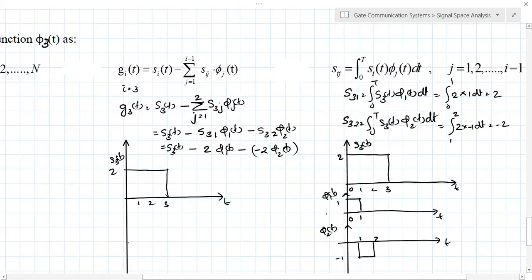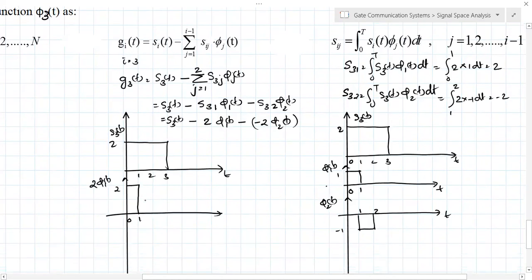So we can plot 2 phi 1 of t here. Phi 1 of t is from 0 to 1, the amplitude is 1, and we need to multiply with the constant 2. So it becomes 2 from 0 to 1. So this is actually the signal 2 phi 1 of t.